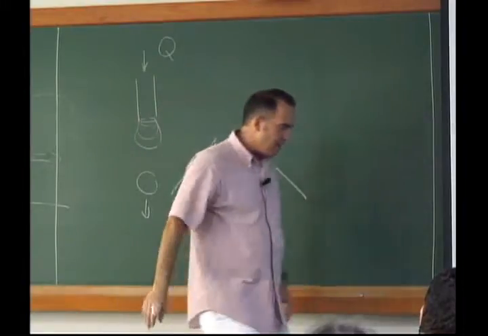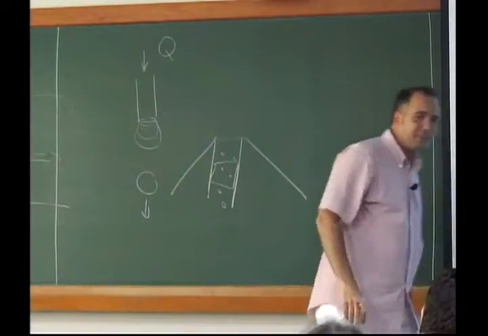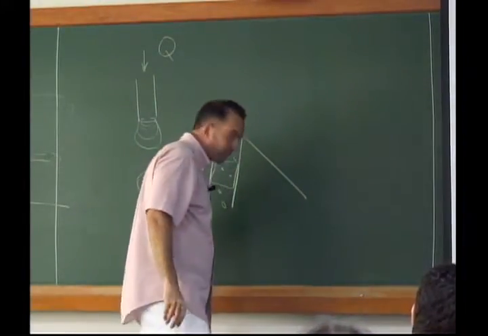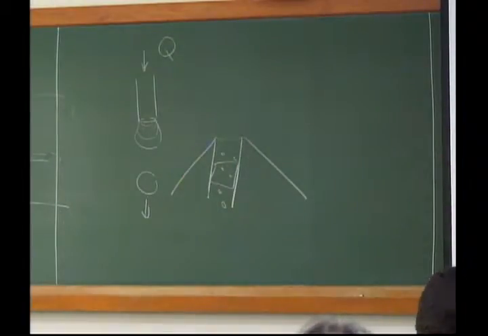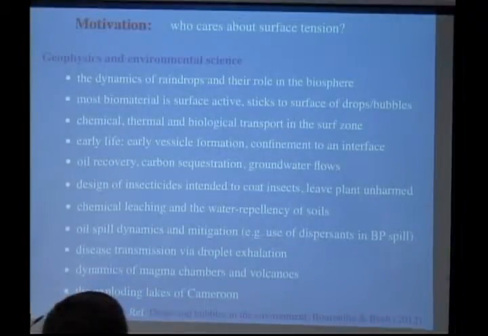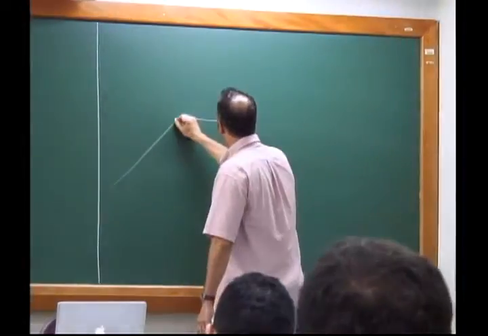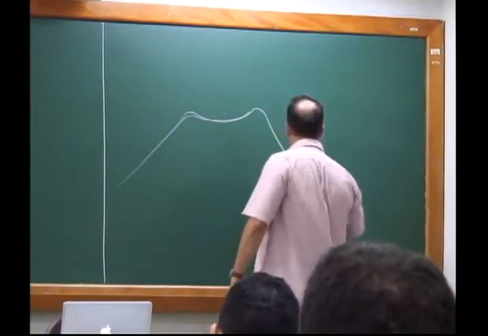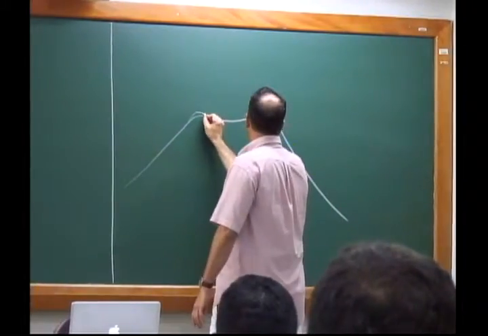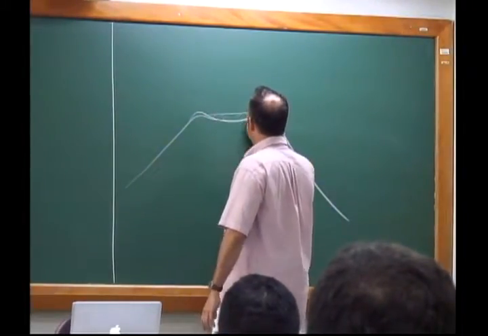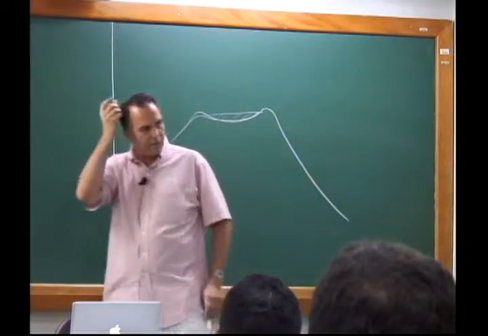And my favorite, have you ever heard of these ones? The exploding lakes of Cameroon? Okay, so this is a nice mystery. Here's a mountain, and there's a lake at the surface. This mountain is an extinct volcano.